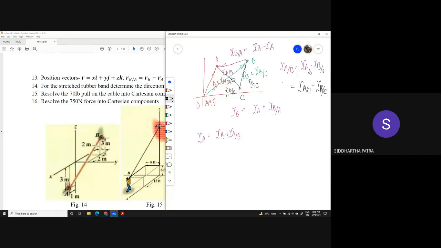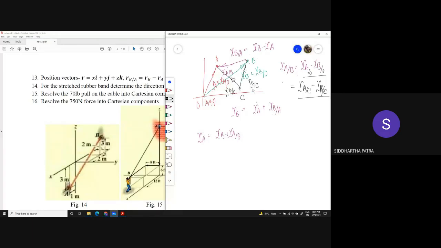In the end, the position vector of A with respect to B, if the steps are done correctly, would turn out to be the same. So we can use the same formula, whether it is with respect to the origin or with respect to C or any other point.